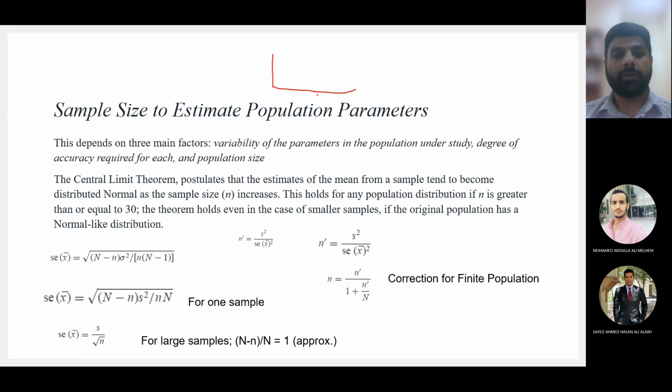What is the normal distribution? A normal distribution looks like this. A bell-shaped curve, mean in the middle, half of the values on one side, half of the values on the other side. So the central limit theorem says that if you collect enough samples, then the mean will follow normal distribution. The mean will be in the middle somewhere.